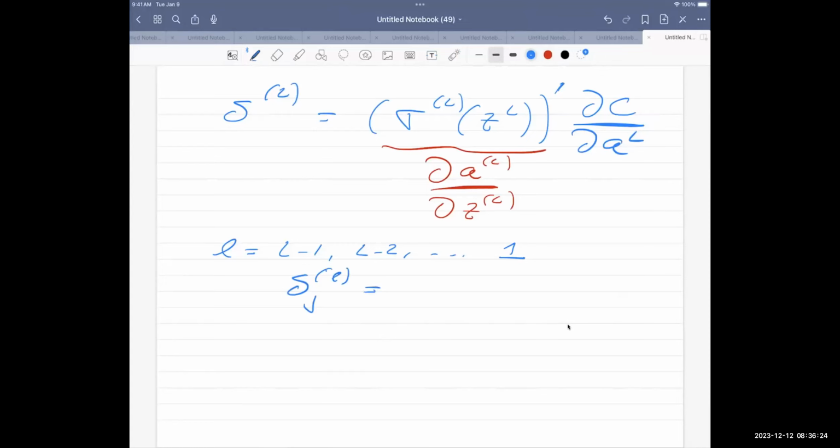And this is given by the sum over k, and this was just an application of the chain rule, of L plus 1, the results from the previous layer. And then we have a weight, w k j of L plus 1. And this is multiplied by the derivative of the activation function of z j of L.